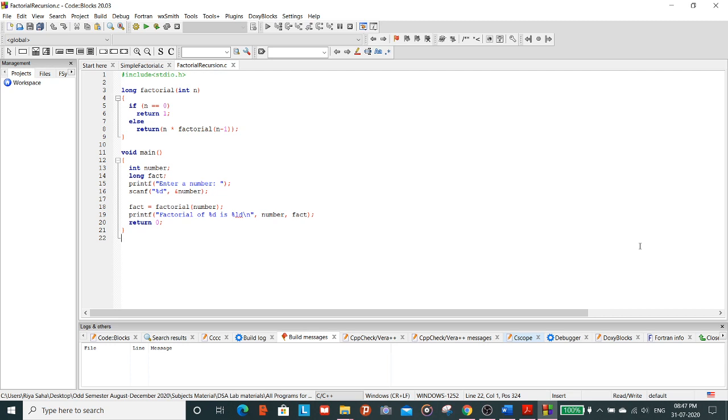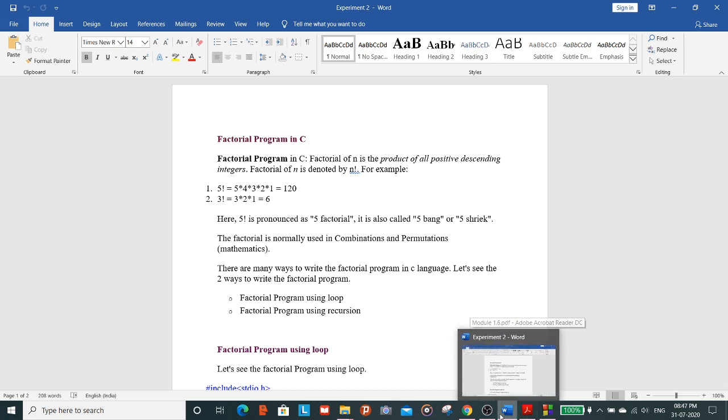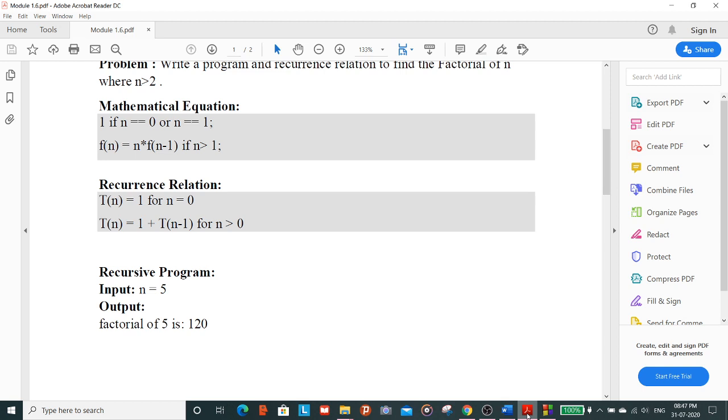For example, let's look here. 5 factorial means 5 into 4 into 3 into 2 into 1. It gives the output 120. That means factorial 5 is 120. Okay. Now let's have a look here.